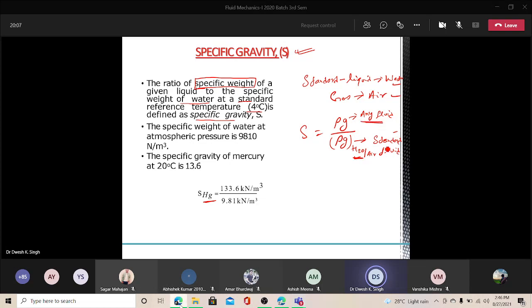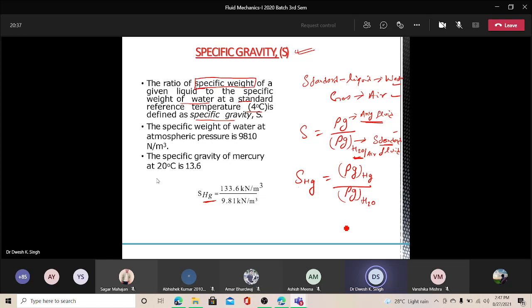So if you are taking mercury, meaning the specific gravity of mercury, then we have to take rho g for mercury, divided by the standard fluid part like this. So this is your specific gravity. Now you can put in the values. This g is actually constant.